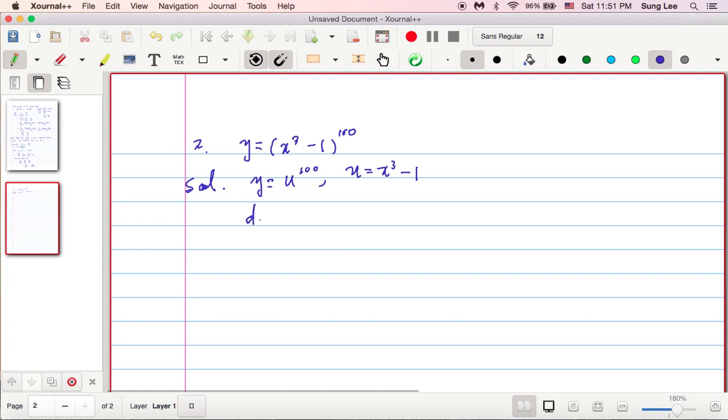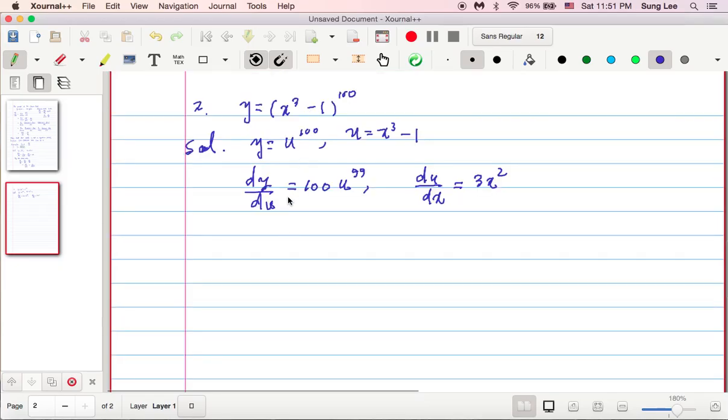Now we find dy by du, which is easy. By the power rule, that's 100 times u to the power 99. And du by dx is 3 times x squared.